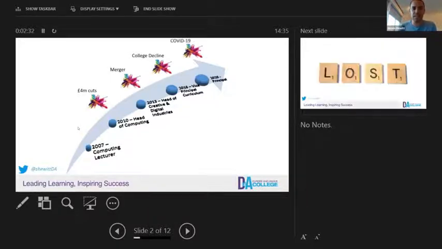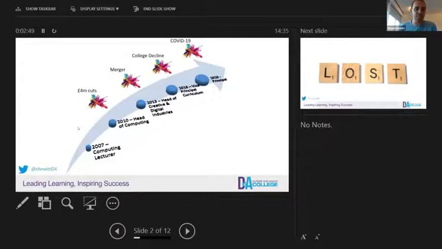And then obviously at this point is the COVID crisis. But actually looking back on all these things, they've all been opportunities for change. They've all been opportunities to think differently, do things differently, and really change mindsets.